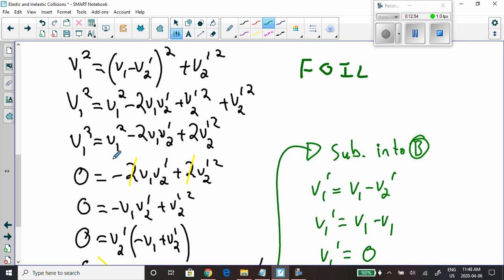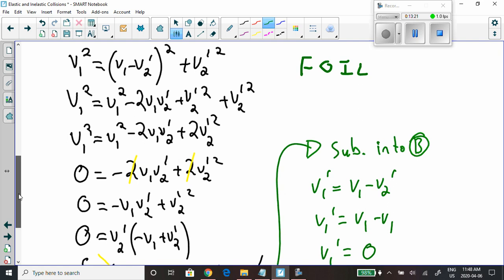What's next? Well, look, I've got a v1 squared on the left-hand side and a v1 squared on the right-hand side. I can bring it over. This one on the right-hand side, I bring it over, becomes negative, and then they're the same term. They're subtracting from each other. You're left with 0. So now I have 0 is equal to negative 2 v1 v2 prime plus 2 v2 prime squared.